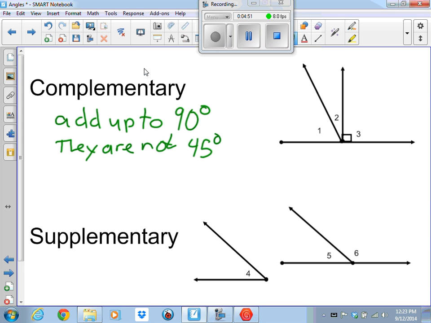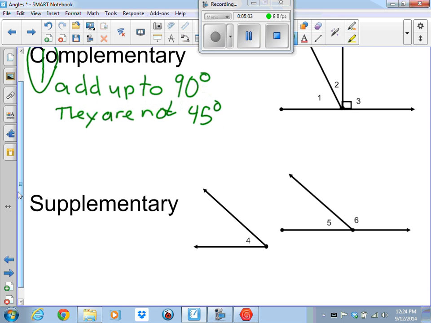The way I like to remember is if I draw one line on the first letter, it gives me that 90. Same thing for supplementary: if I draw one line on the first letter, this gives me 180, to help me remember the difference between the two.